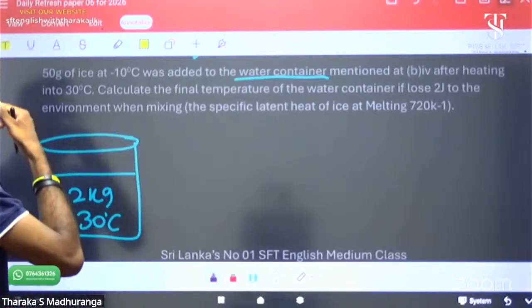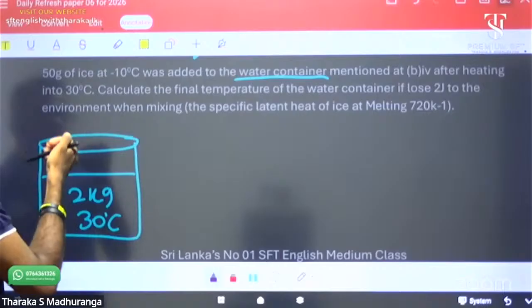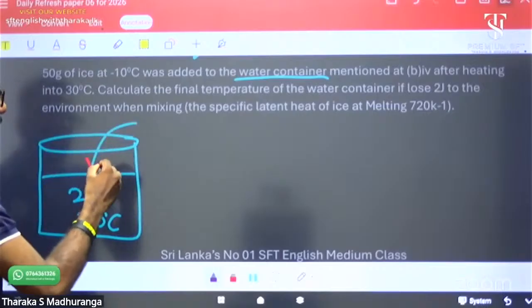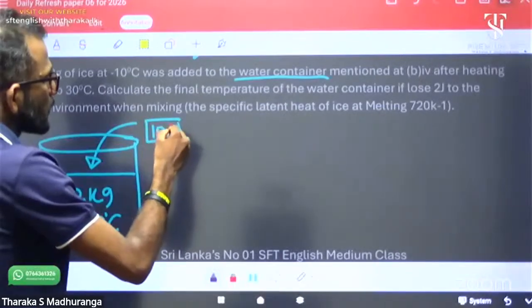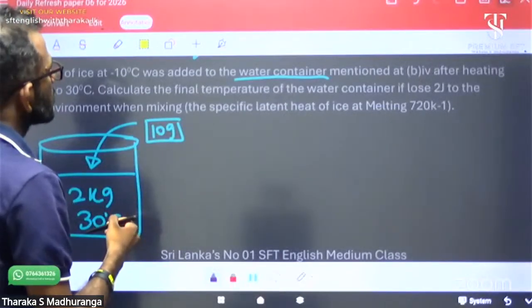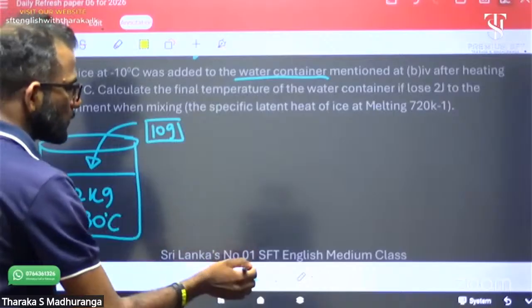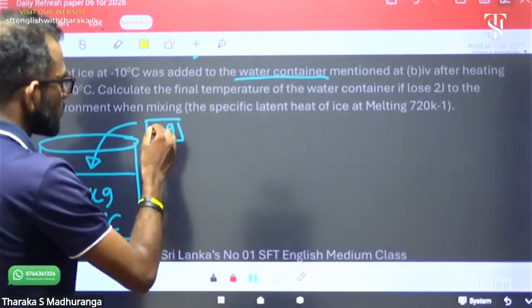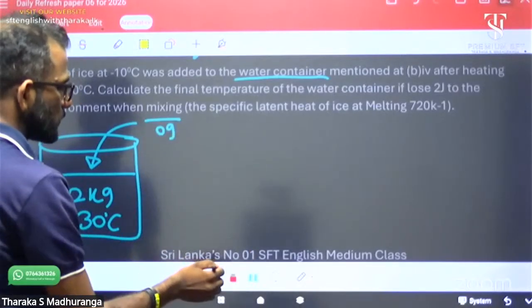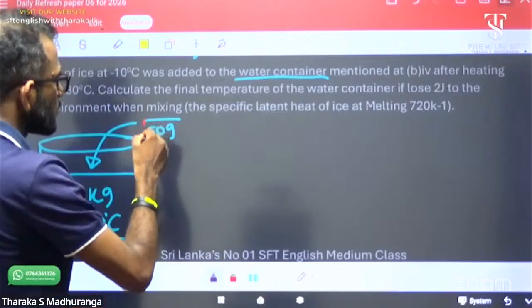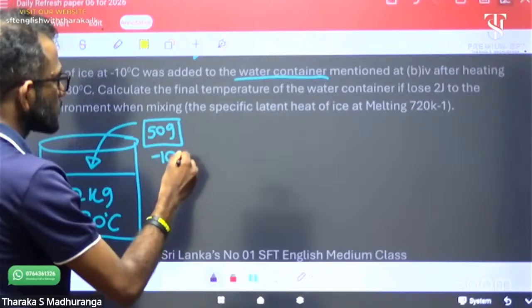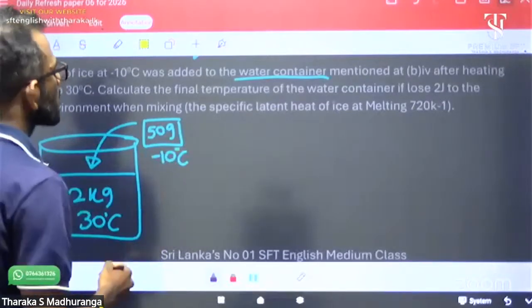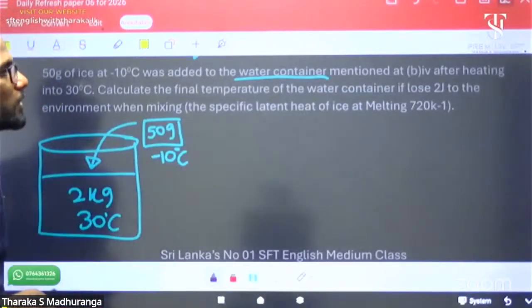Okay, 30 Celsius. 50 gram of ice cube at minus 10 Celsius added to this container.